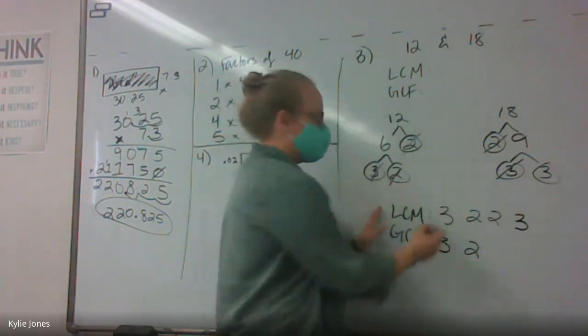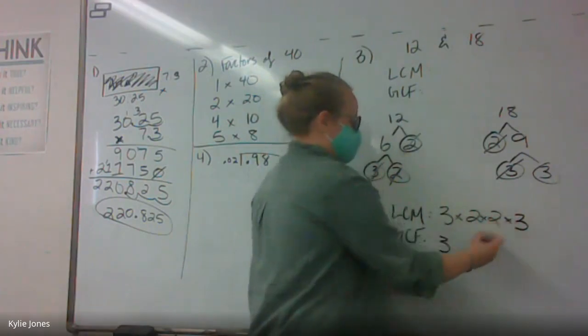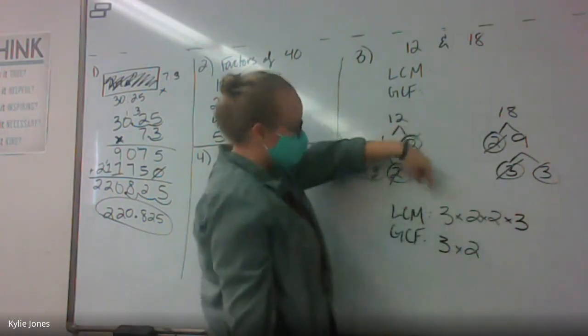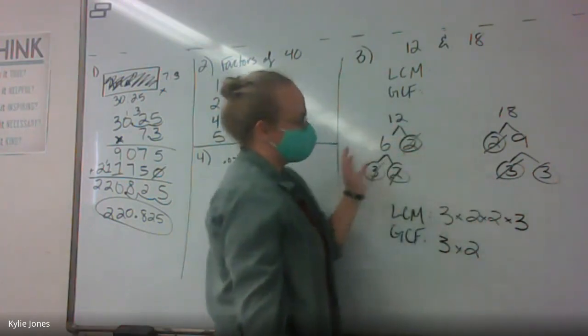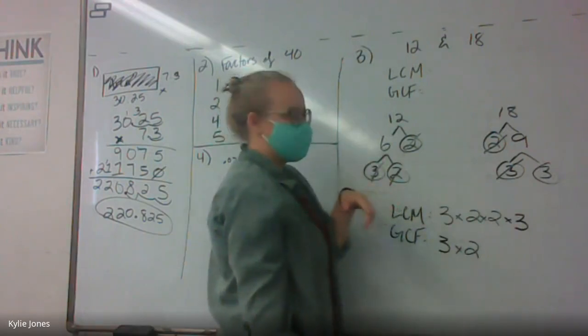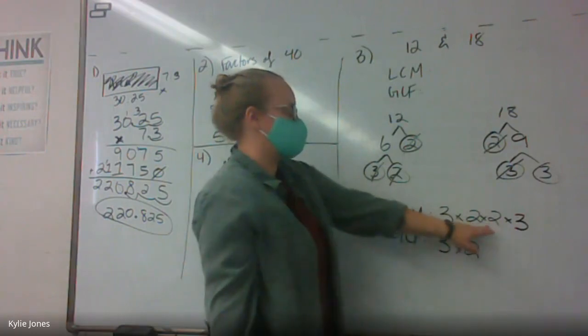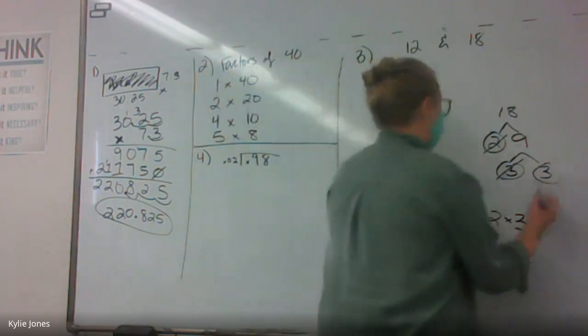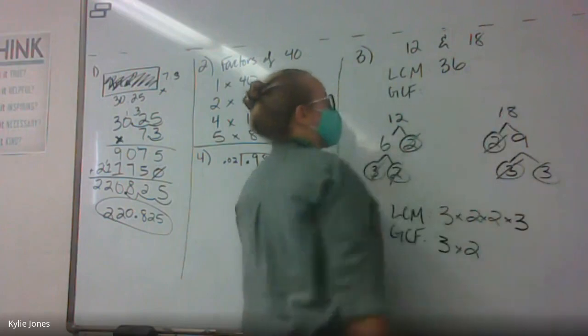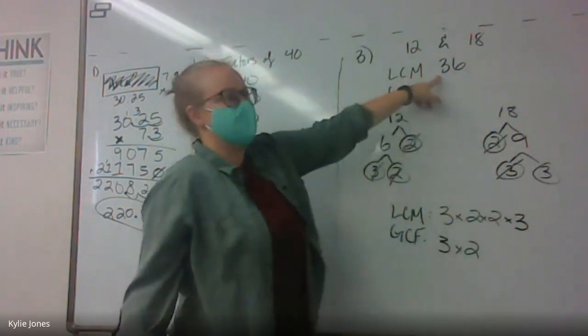Now we need to multiply all of them. So what is 3 times 2 times 2 times 3? 3 times 2 is 6. 6 times 2 is 12. 12 times 3 is 36. So our least common multiple is 36.